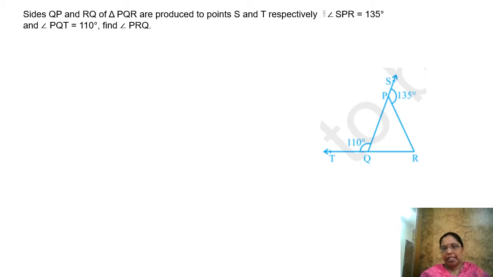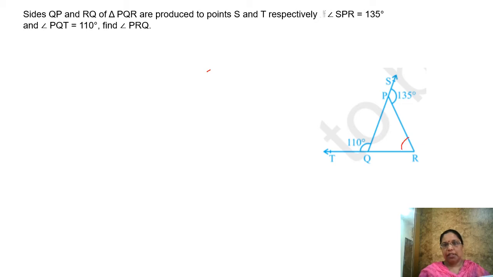Which is the angle that you are supposed to find? PRQ. Is it inside or outside the triangle? Inside the triangle. So we are supposed to find angle PRQ. Think and tell me how you are going to find that angle PRQ. Which linear pair? Tell me. Very good.